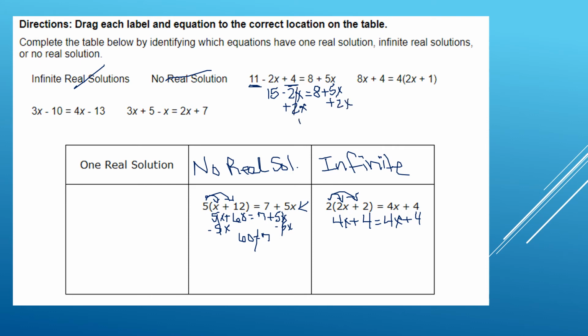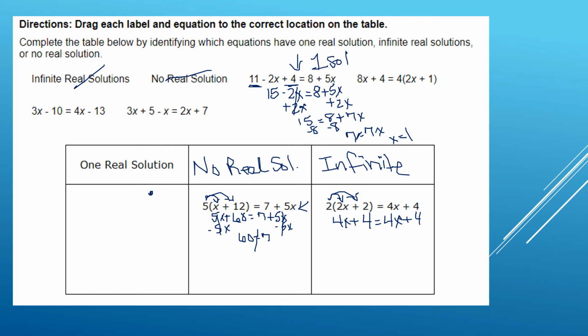So I'm left with 15 equals 8 plus 7x. Subtract 8, and 7 is equal to 7x. So that tells me x equals 1. So this one has one solution. So it would go in this column.